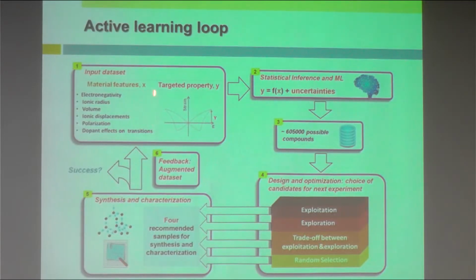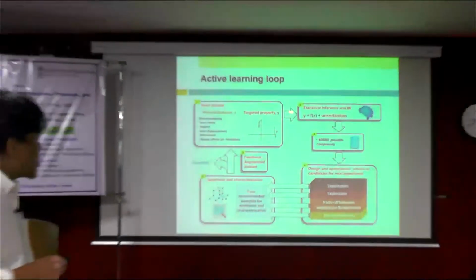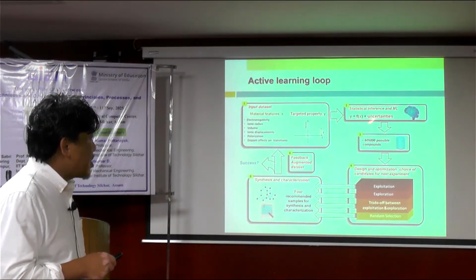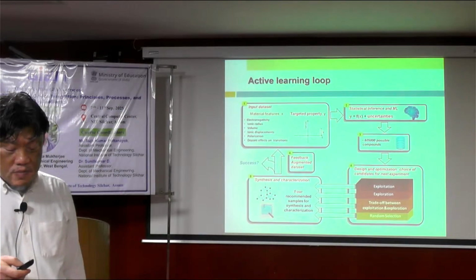Then you feed back to the data set, labeling it as a new material or new compound that has a certain property as what has been learned here. Then it will fit the input data set, and go through the statistical inference or machine learning again in order to improve the accuracy of the model.